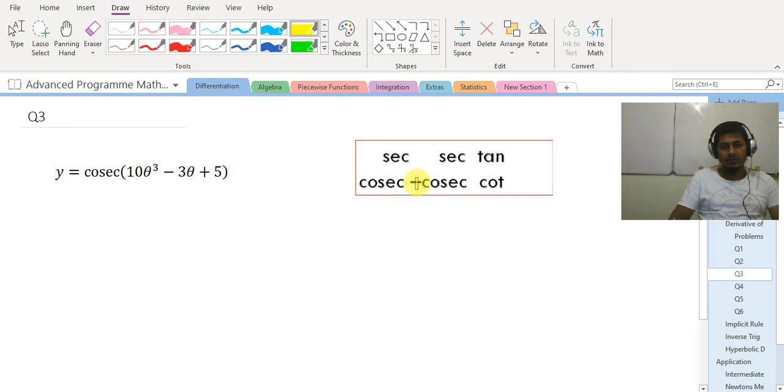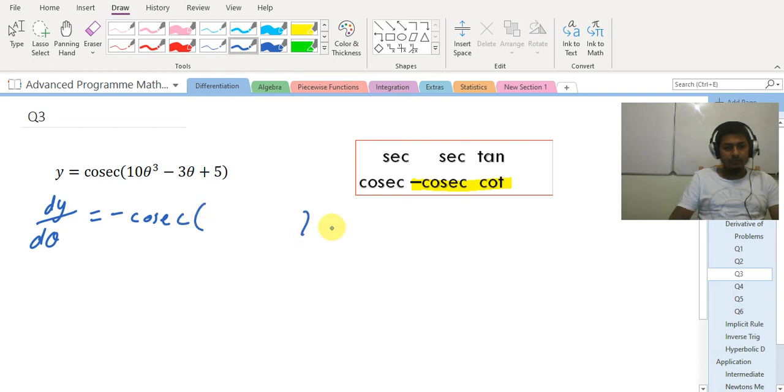So let us go and differentiate cosec. dy d theta, you can say y prime with respect to theta, is equal to negative cosec cot, and then obviously you need to differentiate the inside, so one more bracket. So let us write down the solution.